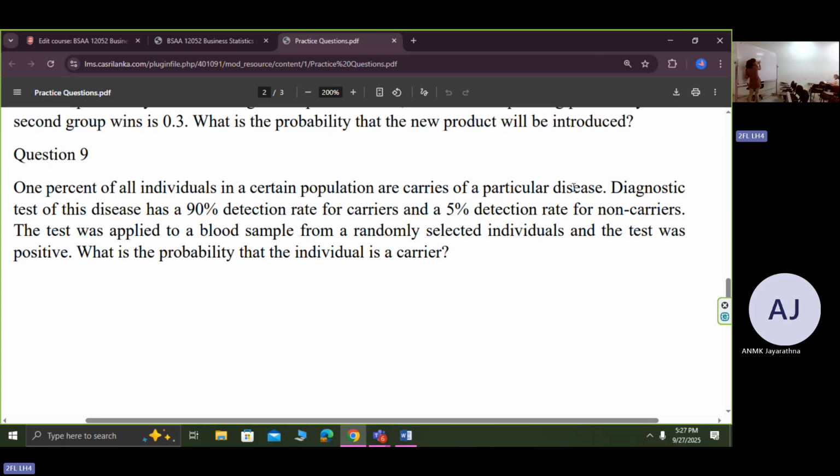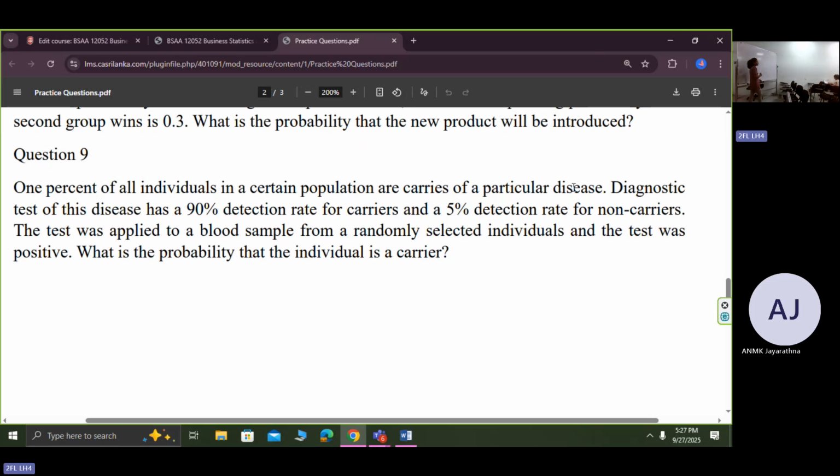Among the 1%, test was positive for 90%. These are the non-carriers, 99%. But they check the blood sample, they detect that 5% of them test positive. Detect 5%. Understood?